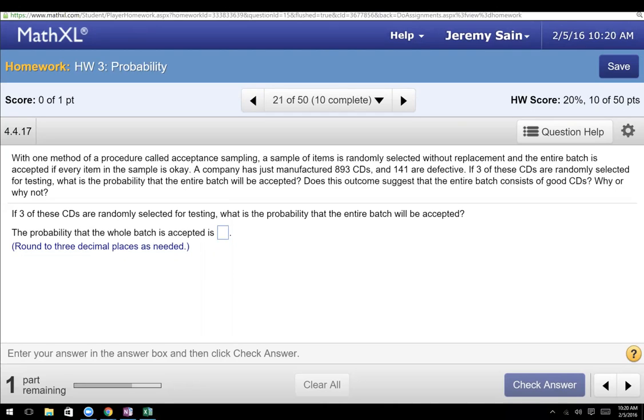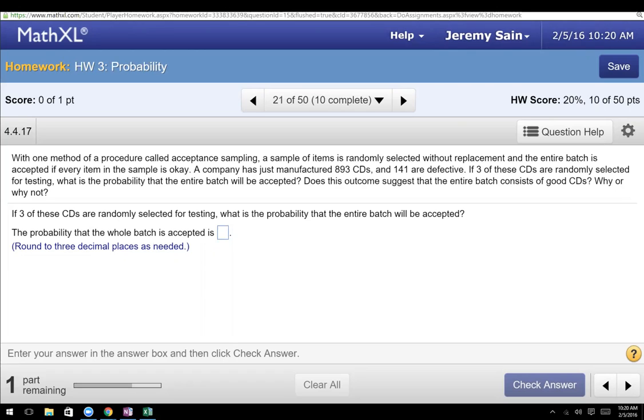So what's the probability that the first CD is okay? So for the whole batch to be accepted, we need all 3 CDs to be okay. So what's the probability the first one's okay? How many good CDs are there?